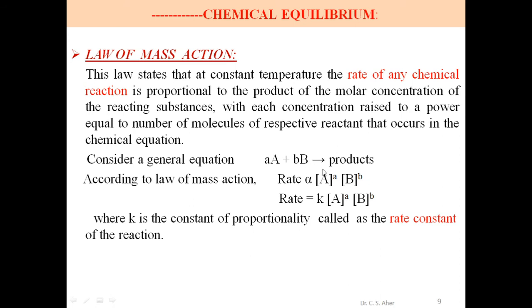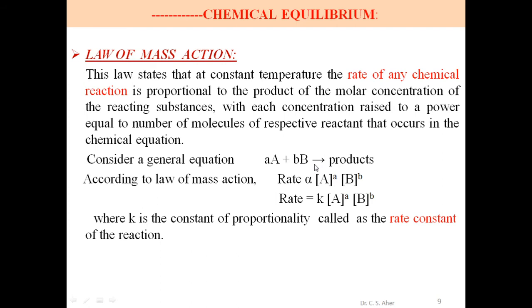The concentration of B, whose number of moles is small b, is raised to small b. When we remove the proportionality sign, we add the constant K. So the rate is equal to K [A]^a [B]^b, where K is called the proportionality constant, and it is called the rate constant of this reaction.